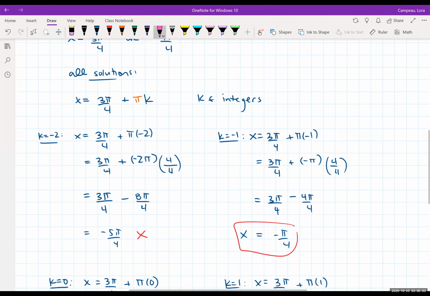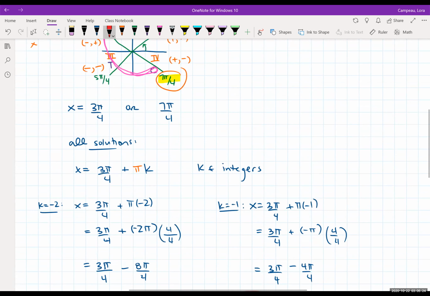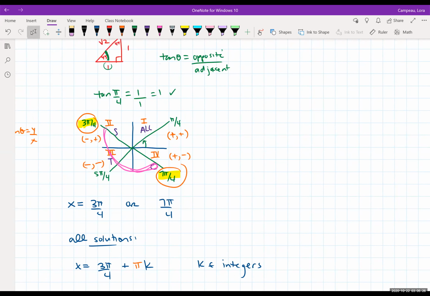Multiplying by 4 over 4, 3 pi over 4 plus 4 pi over 4 gives us 7 pi over 4, like we guessed. But remember, that is not in our domain. That is outside of pi. You can see it in the unit circle, because if you're going from negative pi to pi, we're way too far.